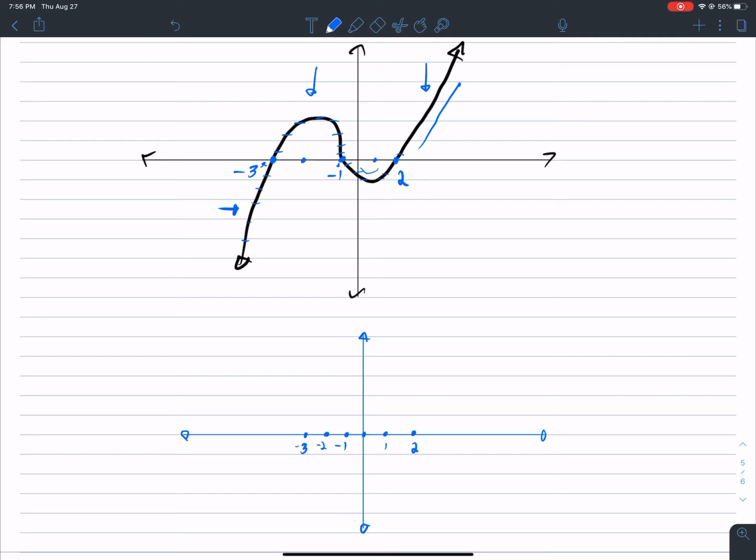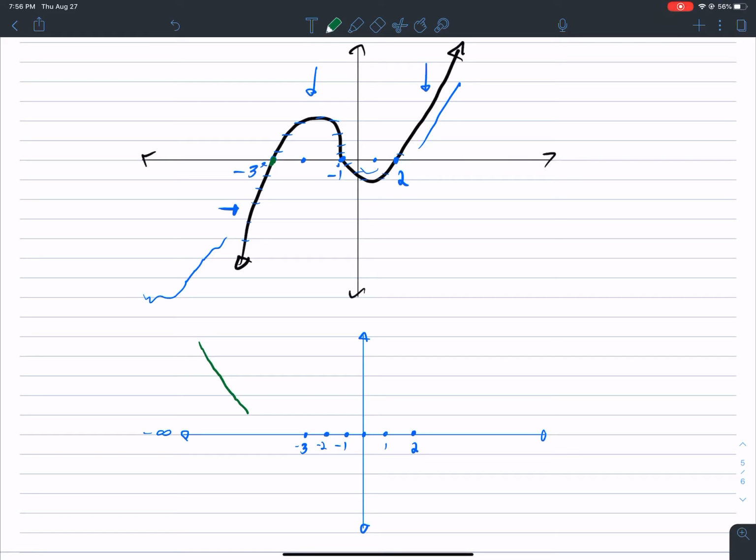So we know that from -infinity all the way up to -3, the slope is negative. So we know that the original function is going to be going downwards, right? And then at x equals -3, we see that the value of the derivative is 0.